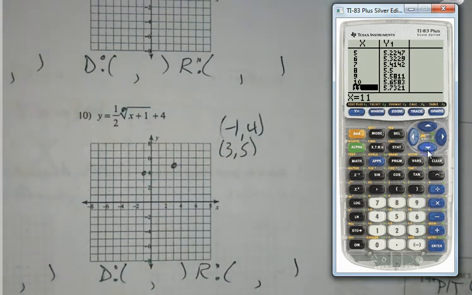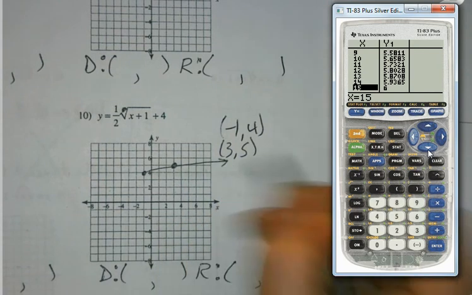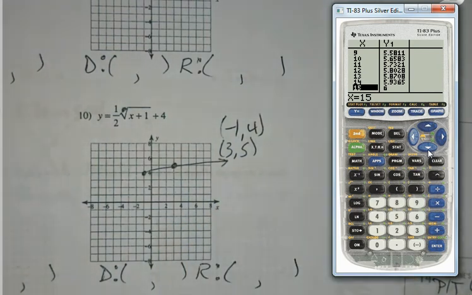And, oh, I only get 2 points because 15, that's way off the chart. Okay. So you notice it's kind of thinner. It almost looks like a straight line. It's not quite. But just like I've done on every other one, it opens up, so it's not the special case.